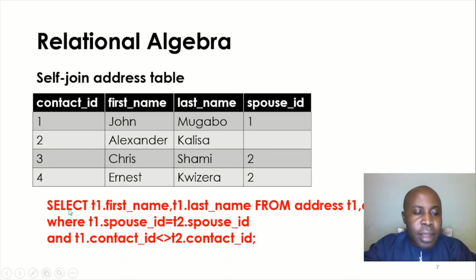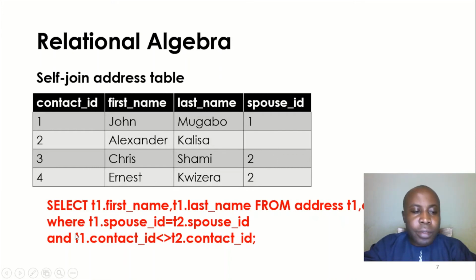So the command here says select t1.firstname, t1.lastname from address t1, address t2. So here address t1 means the original table, and address t2, t2 here means the copy of this relation, where t1.spouseID is equal to t2.spouseID, where these spouse IDs are equal.